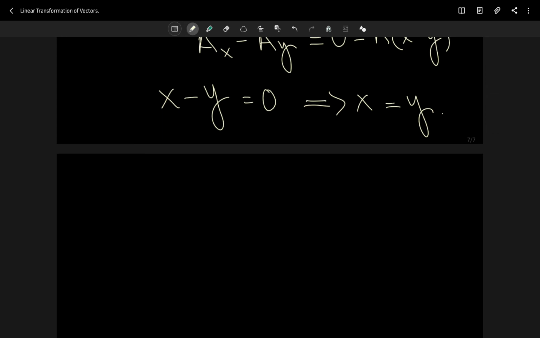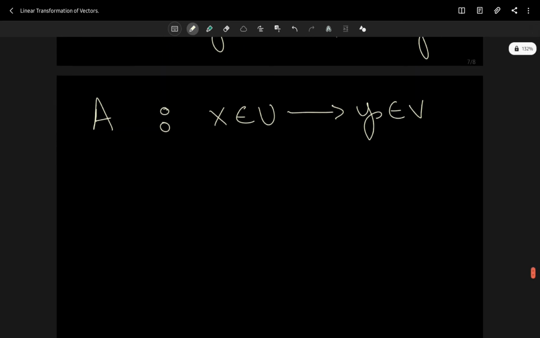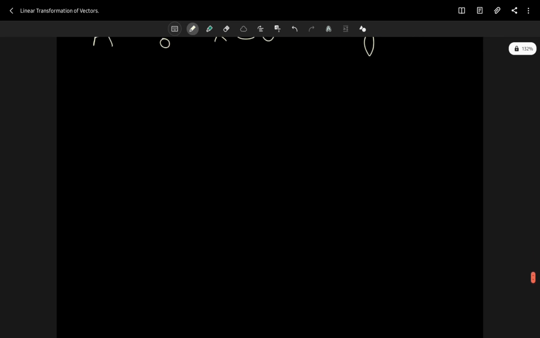And this is because A maps x, that belongs to some vector space U, to some y that belongs to vector space V. And the only way that it isn't surjective is if it is a degenerate map. So let's consider over here.